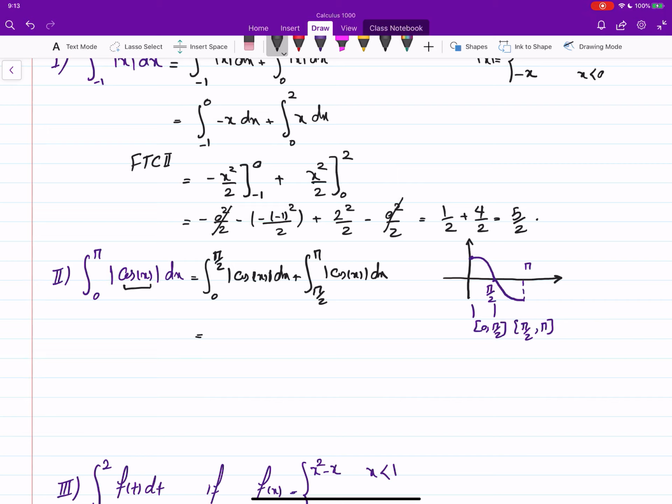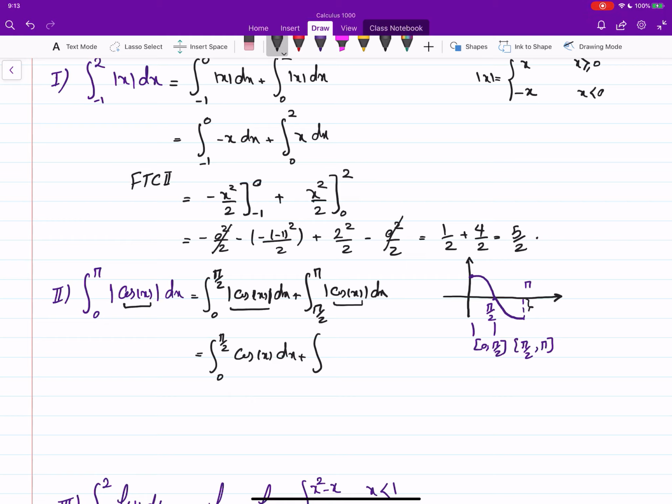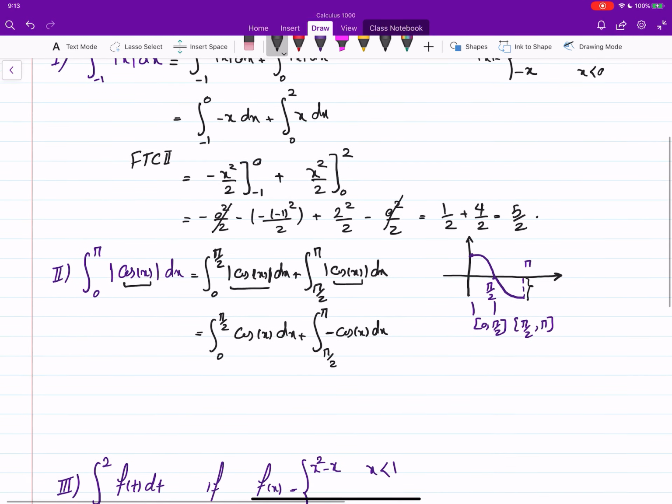Now, the absolute value of cosine x on the interval 0 to pi over 2 is just itself, because it is a positive number. But on the other interval, cosine x is a negative number, as you see in the graph. So the absolute value needs to multiply cosine x by another negative sign to get a positive number out.